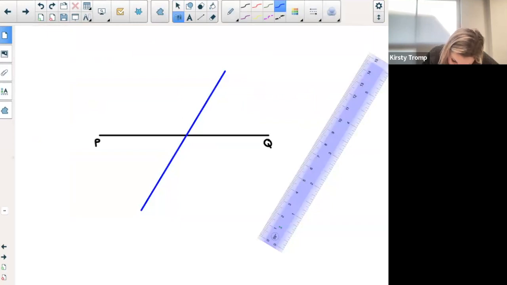So I'm going to name it U, and because it's a ray, I need to put an arrow on it, V. And the instruction said that where it intersects, I need to call this point R.